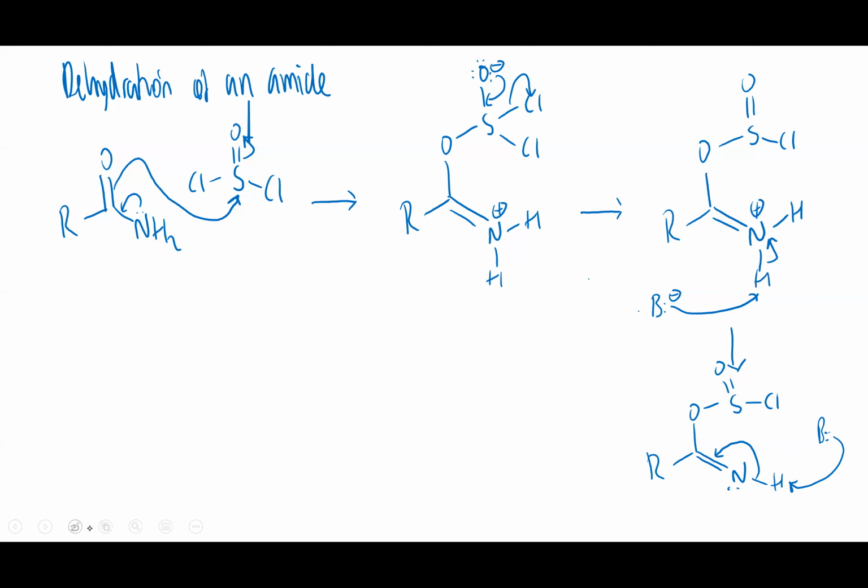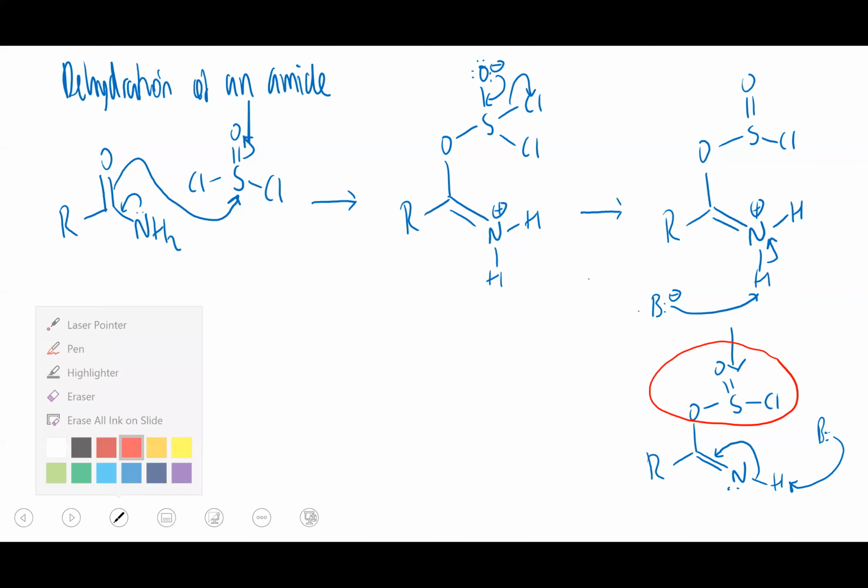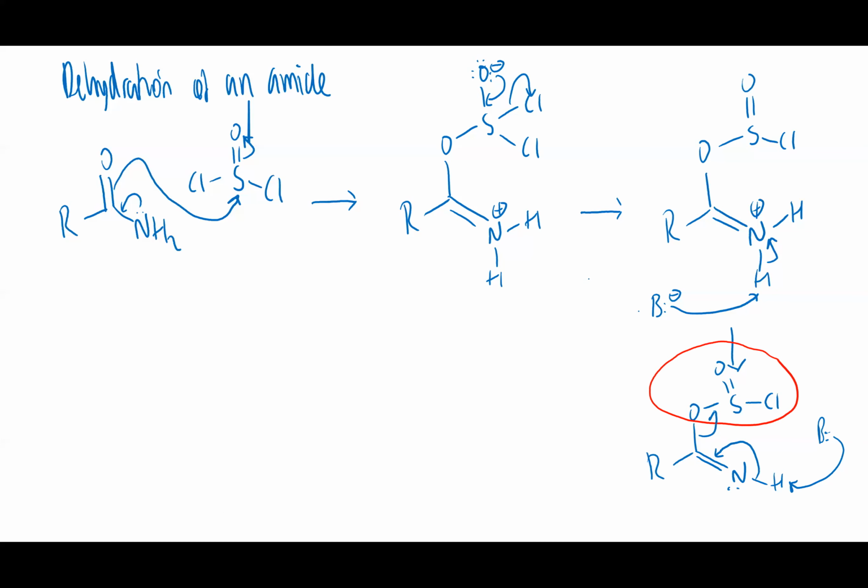But in this case, this is acting as our good leaving group to help to affect that elimination. And so we get the leaving group leaving like this. And so ultimately we have our nitrile.